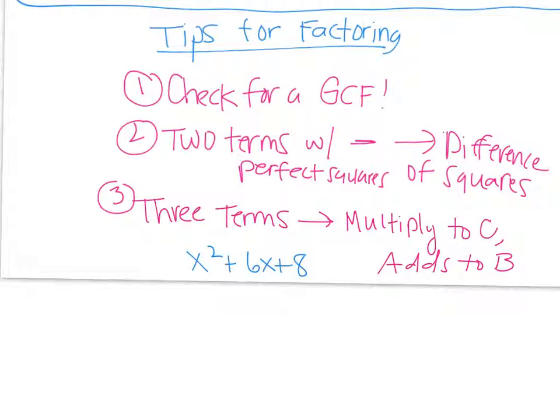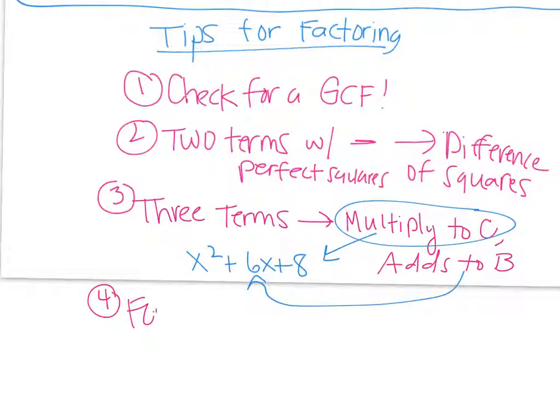What multiplies to C and adds to B, like we did last time. And then finally, if we have 4 terms, you're going to use grouping. 4 terms uses grouping. So let this little summary be helpful to you as you look at different types of factoring. Okay?